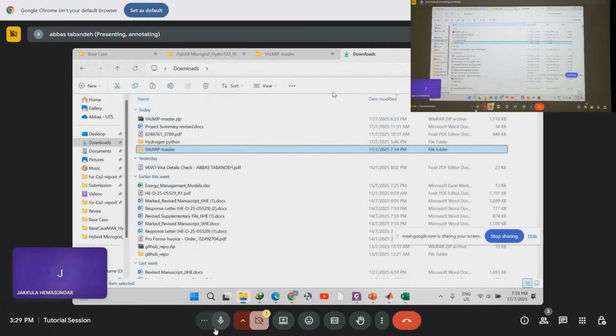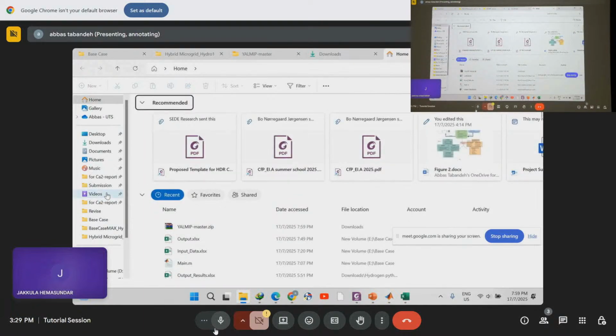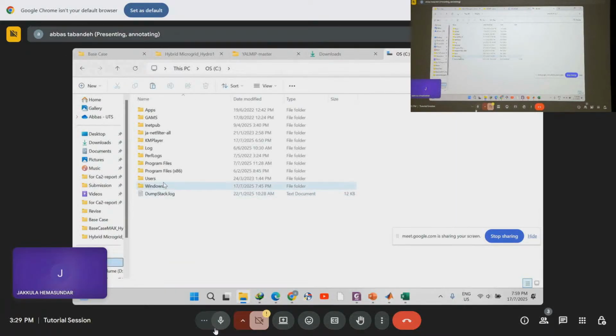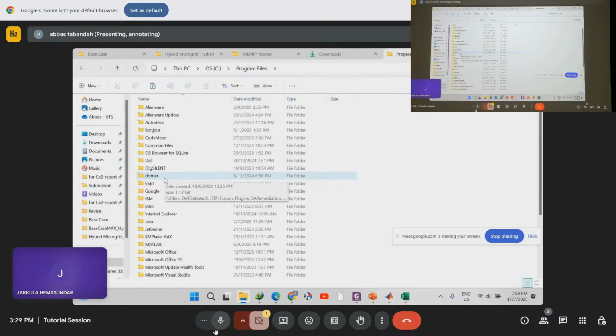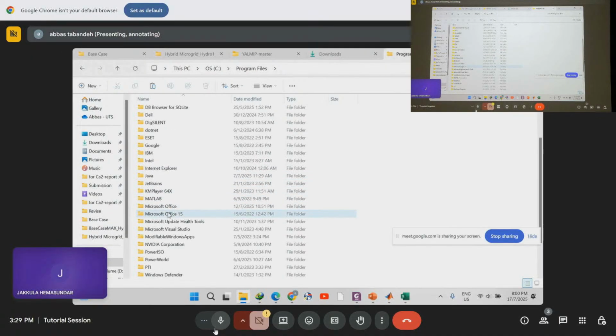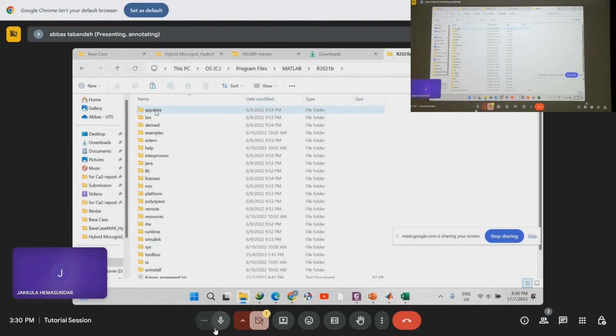Go to the path where you installed MATLAB: drive C, Program Files, find MATLAB, select the version you have installed, and find Toolbox.